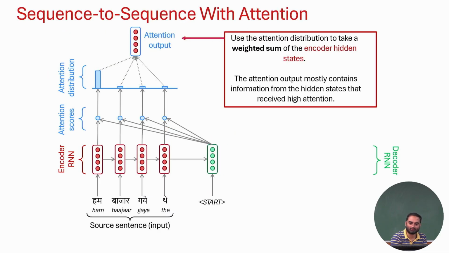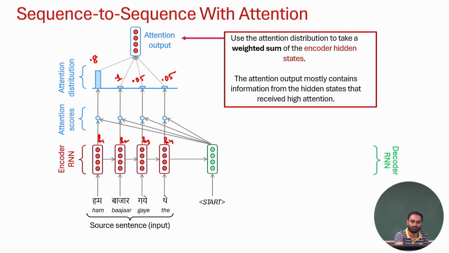So from the attention distribution, what's the next stage? From the attention distribution, this distribution will act as weights. Let's say this is 0.8, let's say this is 0.1, 0.05, 0.05. Okay, and these are my hidden states, H1, H2, H3, H4. There are 4 hidden states, right?